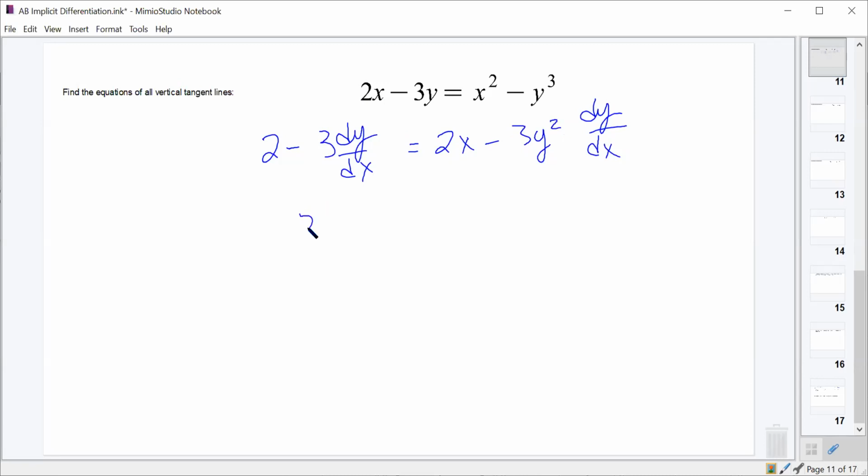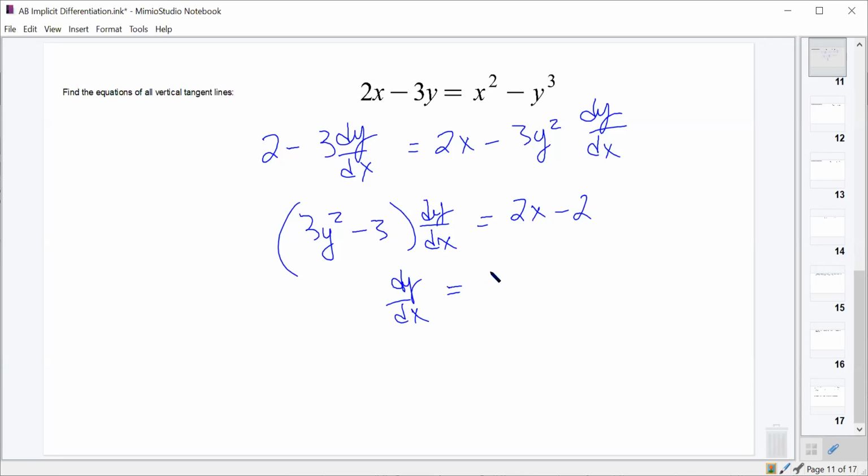So we'll end up with 3y squared minus 3, times dy/dx, equals 2x minus 2. Everybody good there? And then we divide by 3y squared minus 3. Everybody happy with that derivative? Yes.